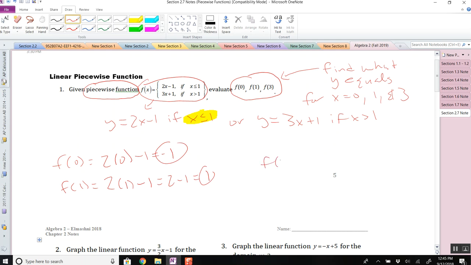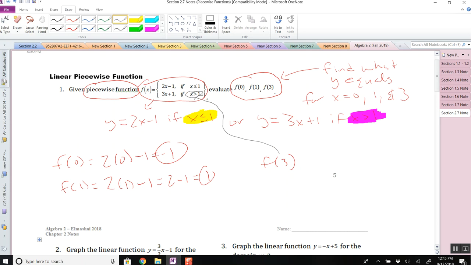Now for f of 3, that inequality is satisfied when x is larger than 1. I'm not going to use 2x minus 1 because 3 does not fit with the first inequality. It fits with the second inequality, x is bigger than 1.